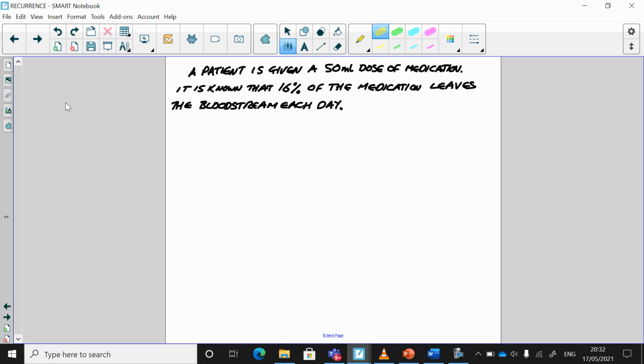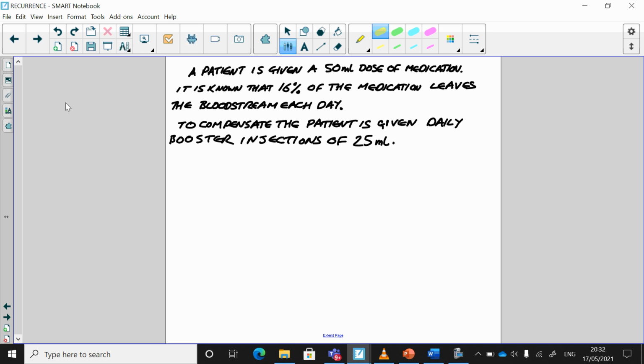Next piece of information. Because we have medication leaving the body, what happens is the patient has to have a top up or a daily booster, we call it here, of 25 millilitres of the same medication. So this is us adding on something extra.